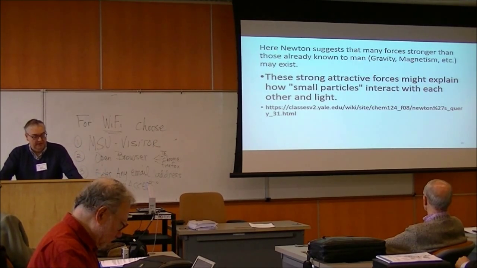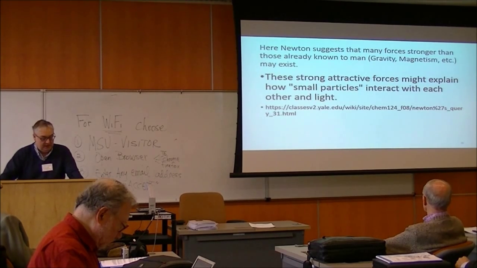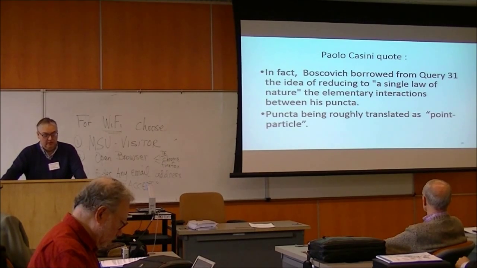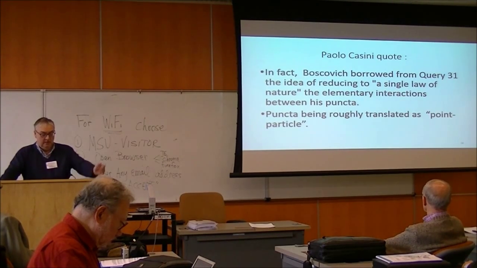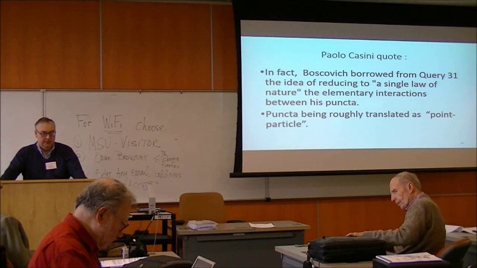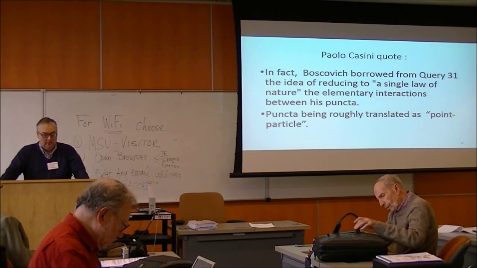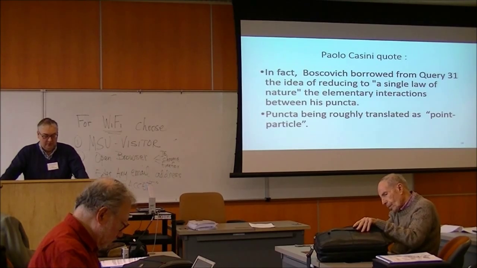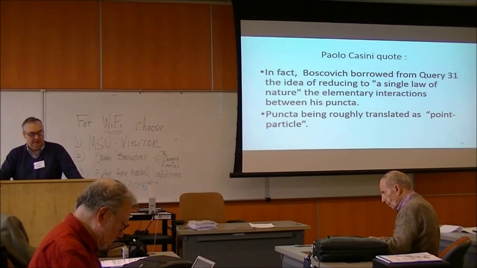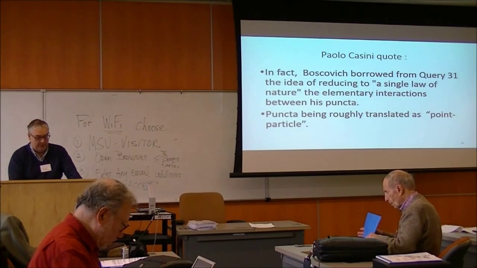These strong attractive forces may explain how small particles interact with each other. Cassino says, "In fact, Boscovich borrowed from query 31 the idea of reducing to a single law of nature the elementary interactions between his puncta," roughly translated as point particles.